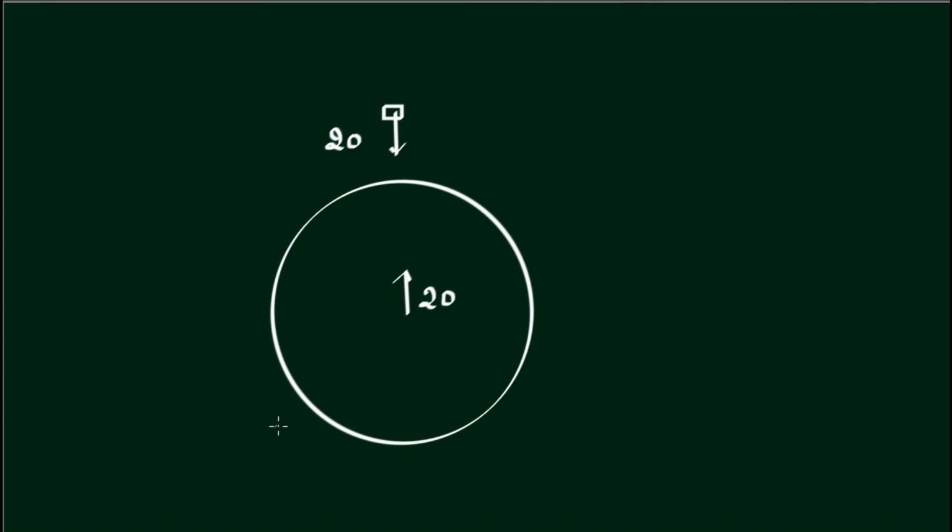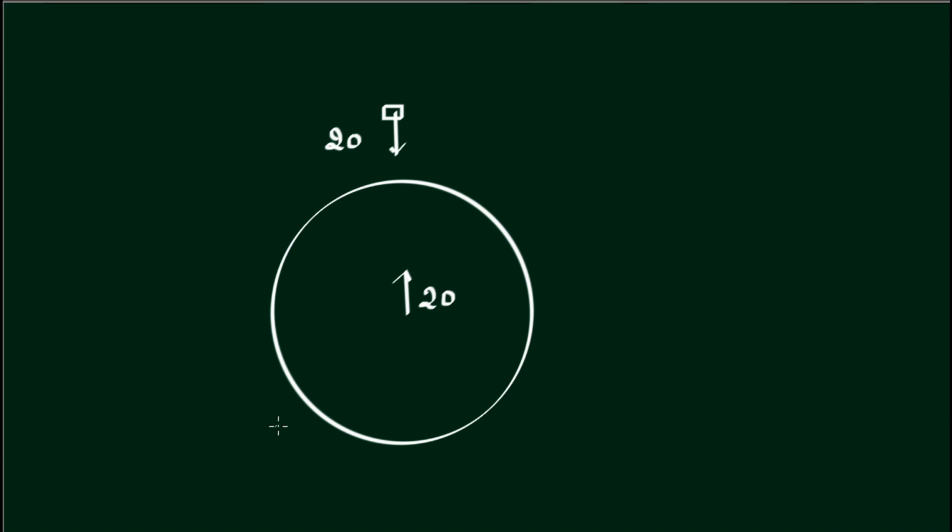So this is an attractive gravitational action-reaction pair. Box pulls the Earth, Earth pulls the box. Either one can be called action, the other one is reaction. It doesn't matter which one you call action, which one you call reaction. They act simultaneously between the two objects.